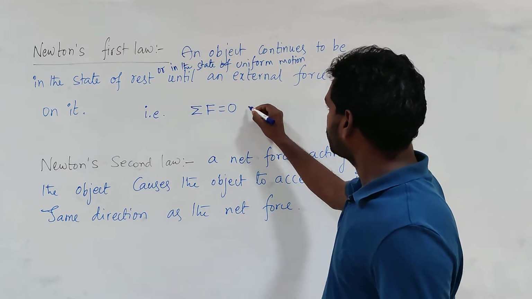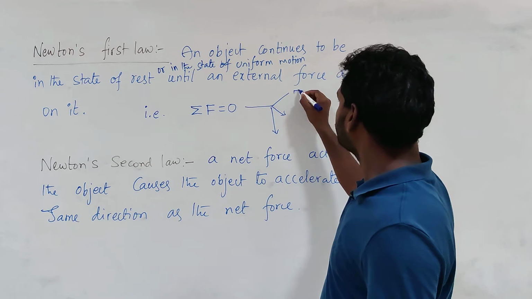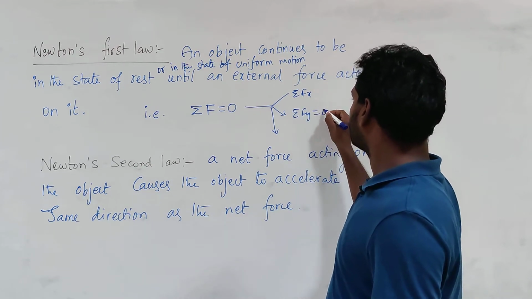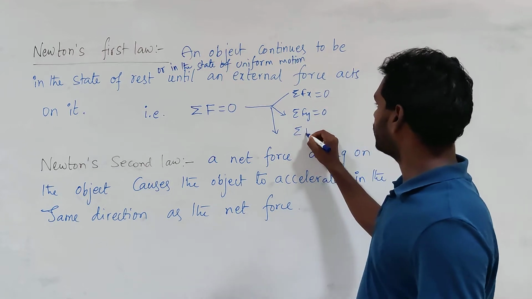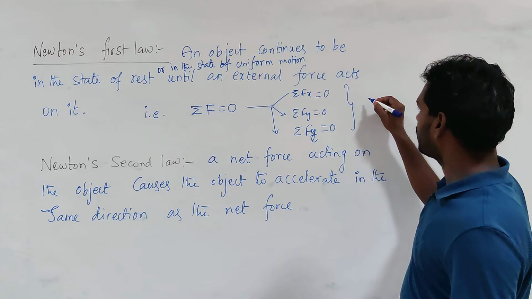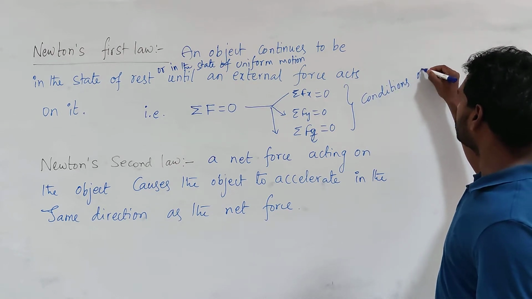That means sigma Fx equal to 0, sigma Fy equal to 0, and sigma Fz equal to 0. So these are called the conditions of equilibrium.